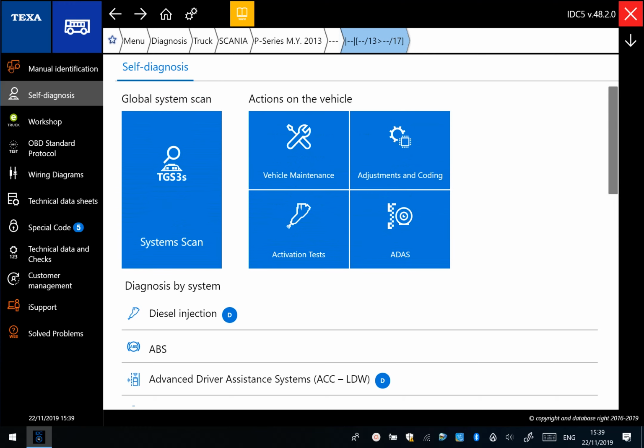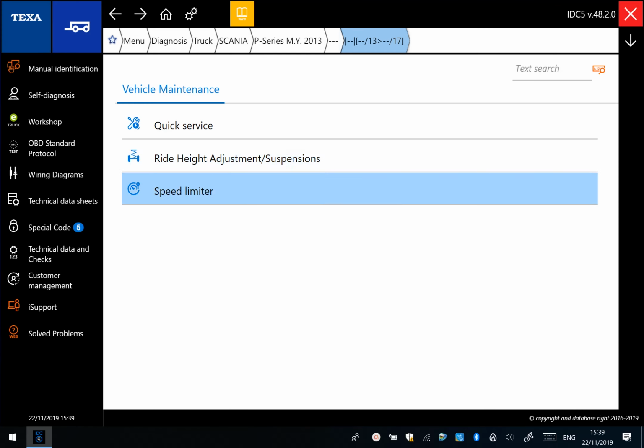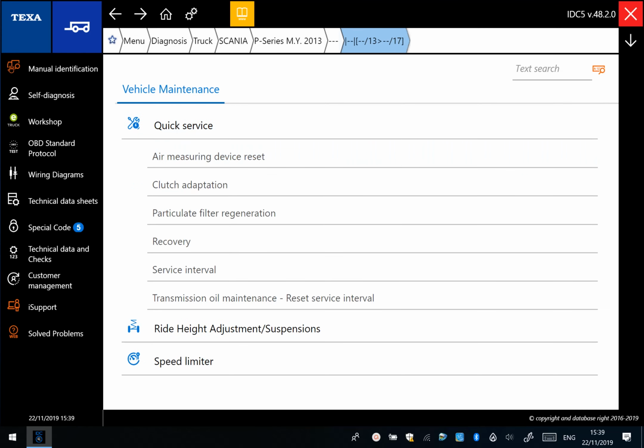What we've also got here is actions on the vehicle. It's split down into vehicle maintenance, adjustments and coding, activations, and again ADAS or advanced driver assistance systems. So to give you an idea, within the vehicle maintenance, we'll click through to that. Now within here there's a lot of standard resets that you can do.